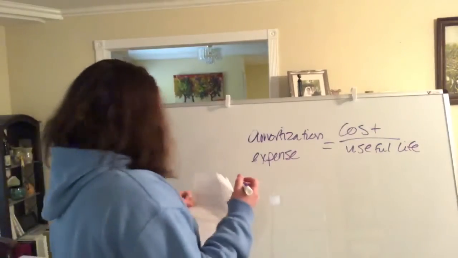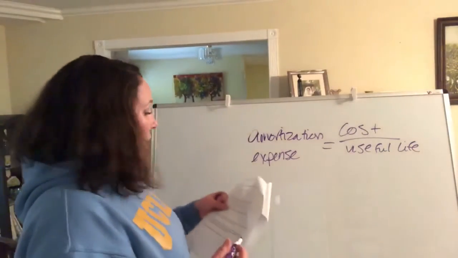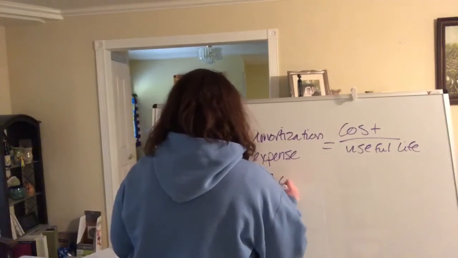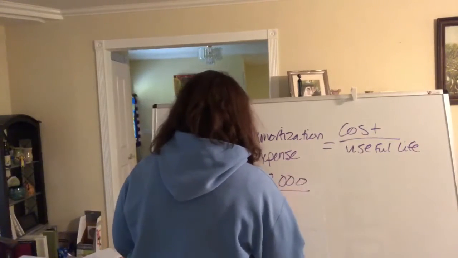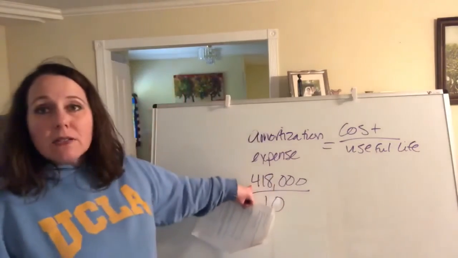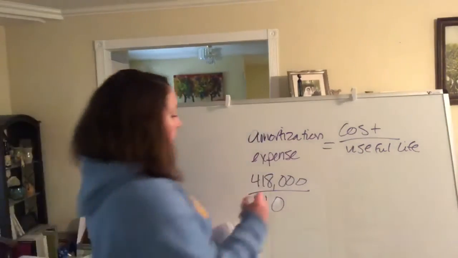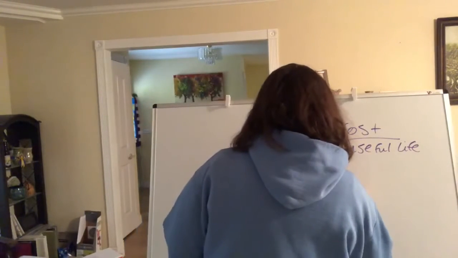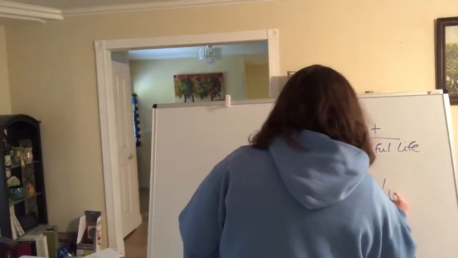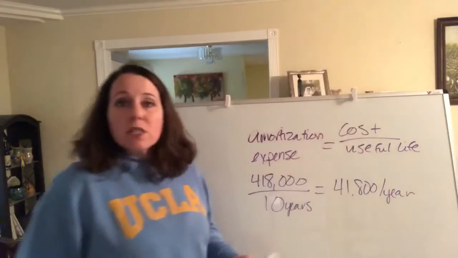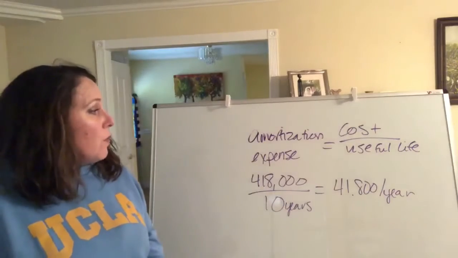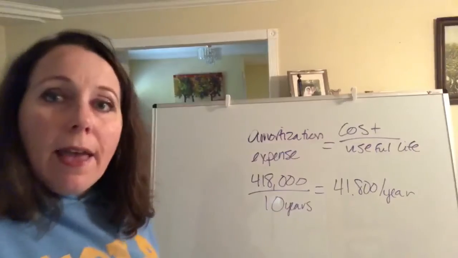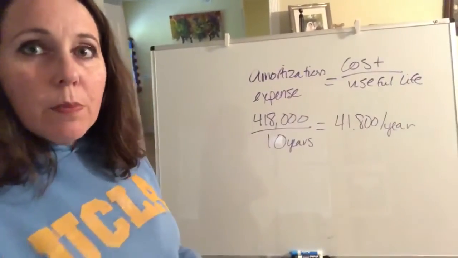For our example, our amortization expense is going to be the cost of $418,000 divided by the useful life of 10 years. So our amortization expense each year is going to be $41,800 per year.